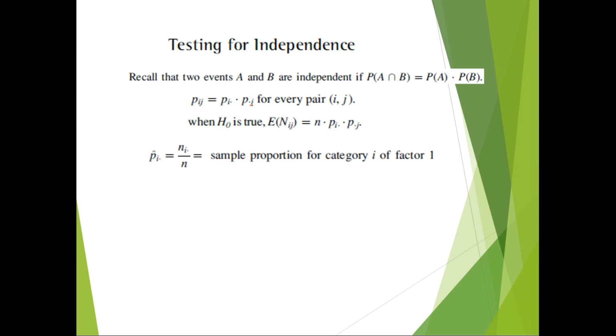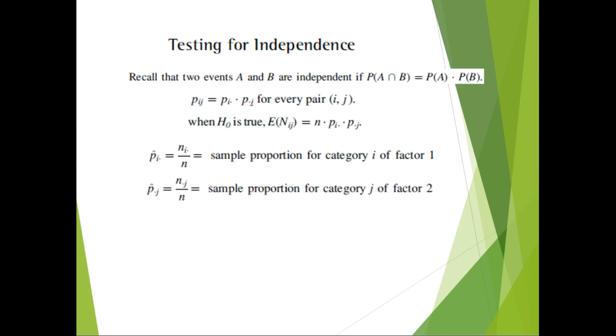And how can we estimate the probability in the ith row? We can take the total in the ith row and divide that by the grand total. So that will give us an estimate of the probability of a randomly selected individual being in the ith category of factor 1. And that's also p hat i dot, the sample proportion for that category i of factor 1.